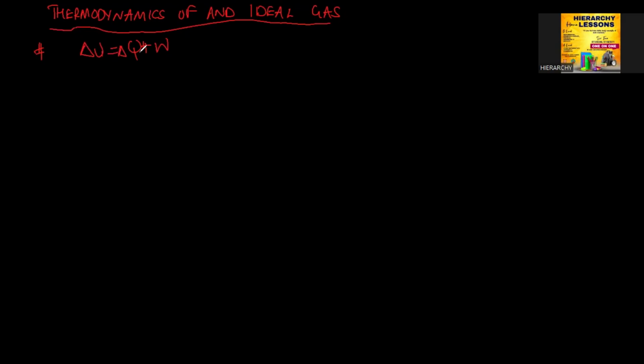We talked about the internal energy of an ideal gas. It is due to the translational kinetic energy only, because an ideal gas has negligible potential energy, since there are negligible intermolecular forces between the gas molecules.